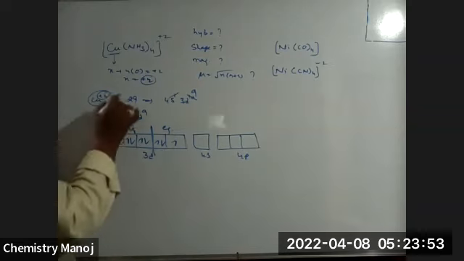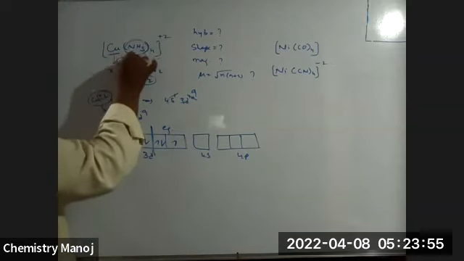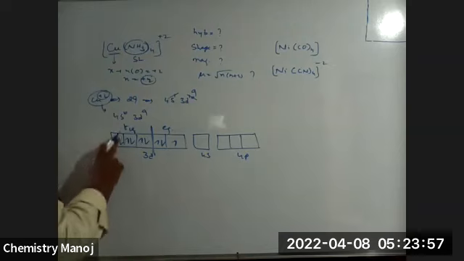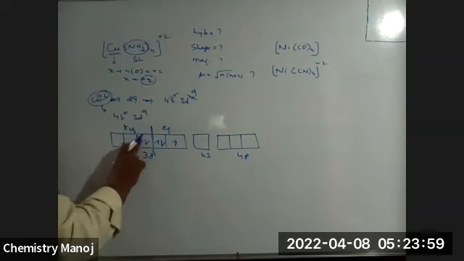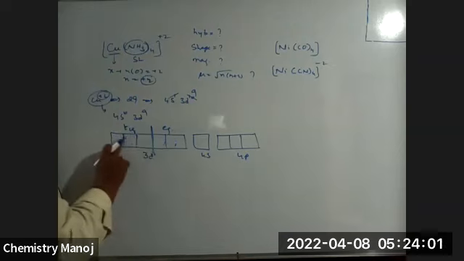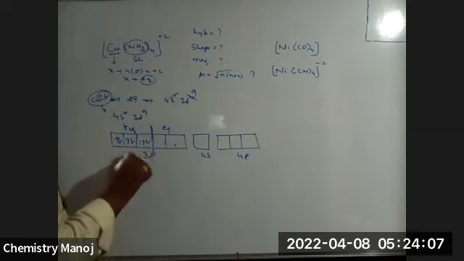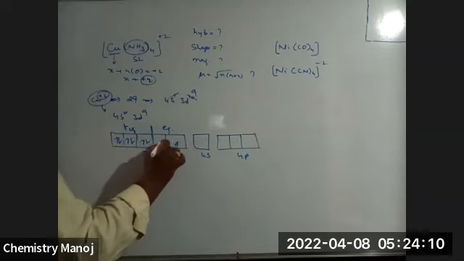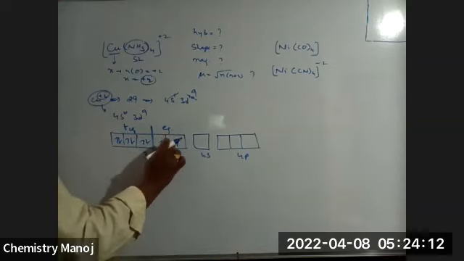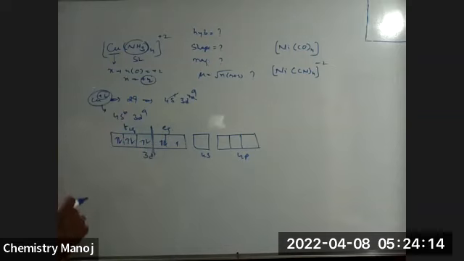Because this NH3 is a strong ligand, first of all, see here, 1, 2, 3, 4, 5, 6, 7, 8, 9. This is the way to fill up the electrons. Did you understand?